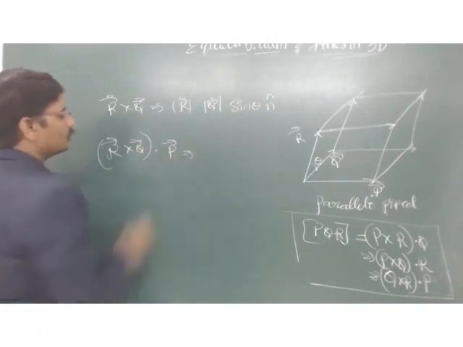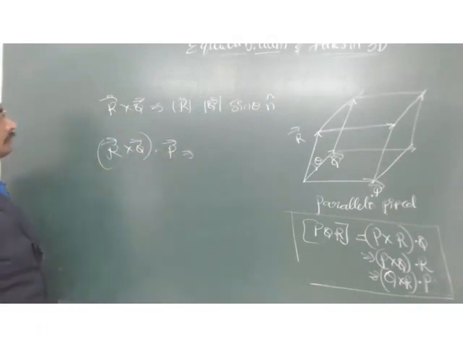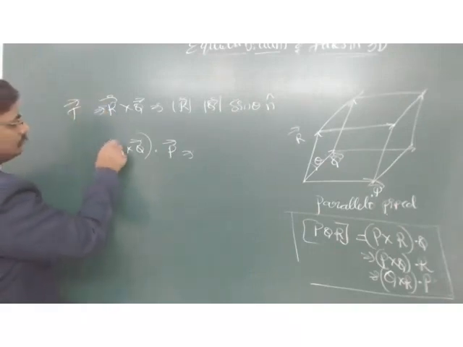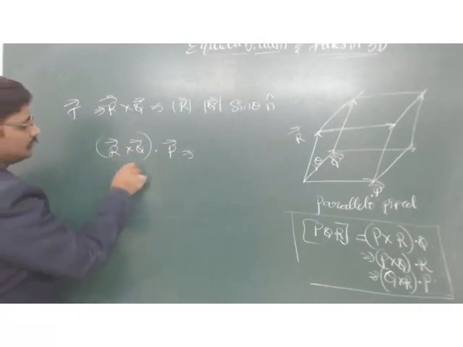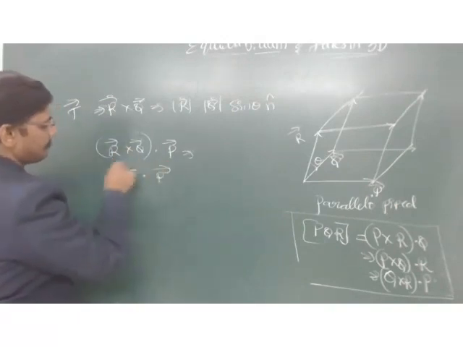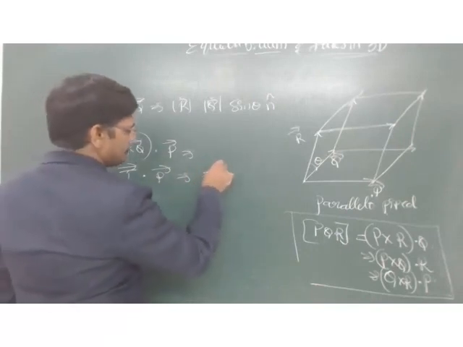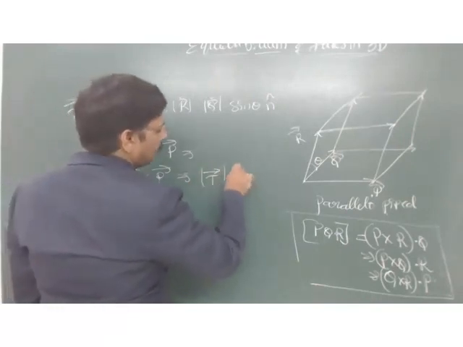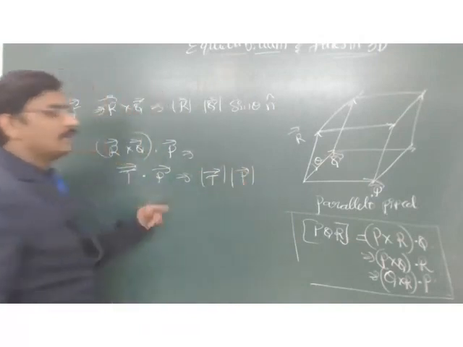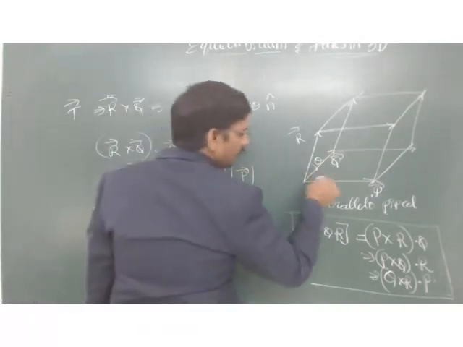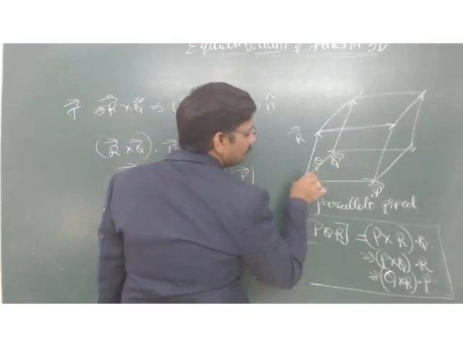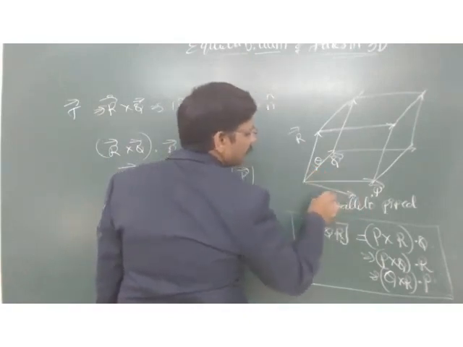this is not R, I call this as T. So T dot P is equal to mod T into mod P into the cosine of the angle between the perpendicular direction and P. So let us say this is the plane and this is the perpendicular, or T vector.